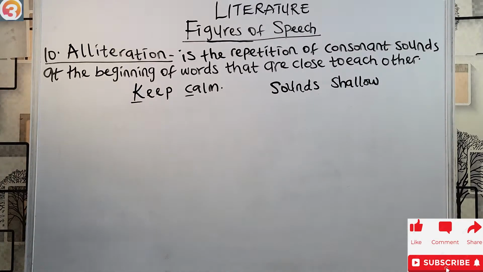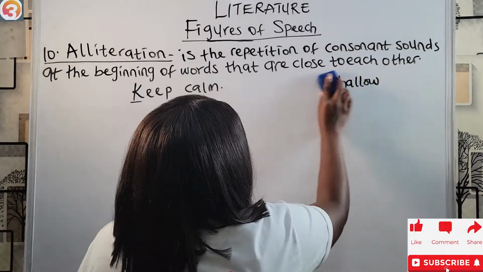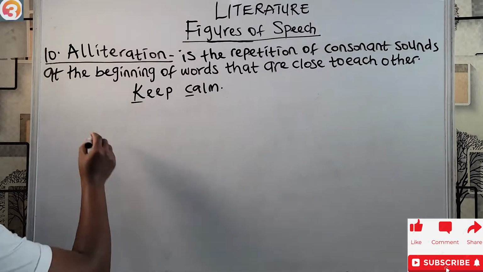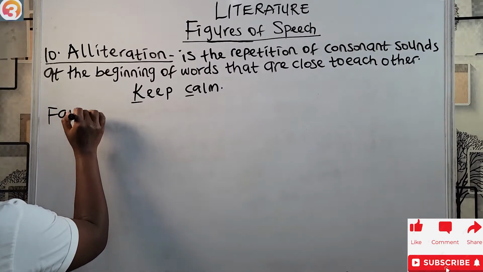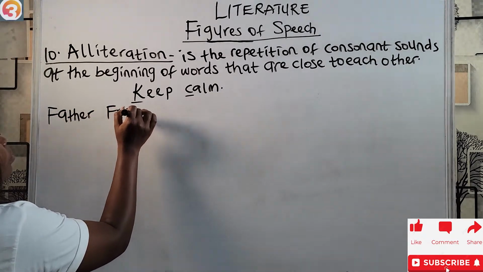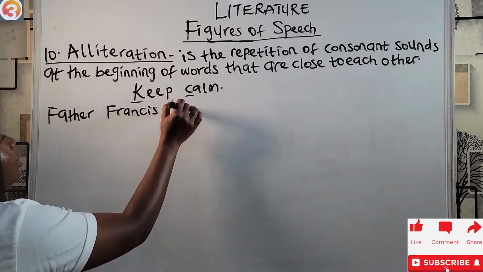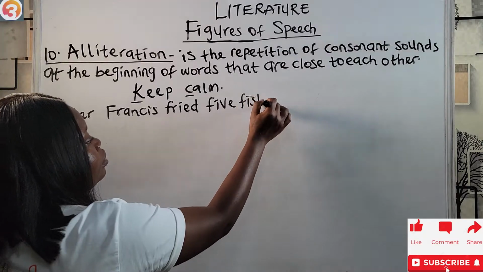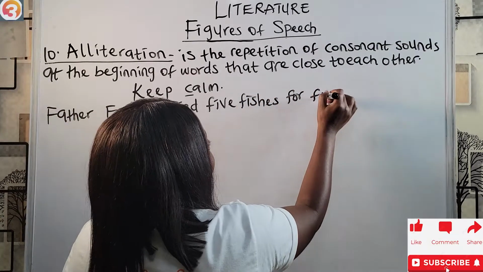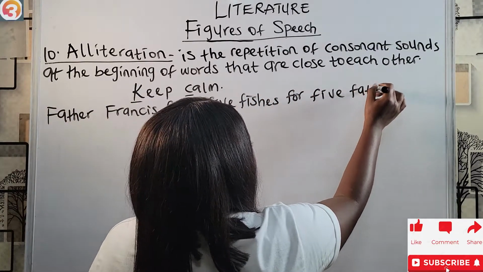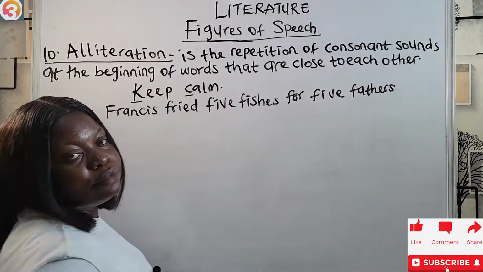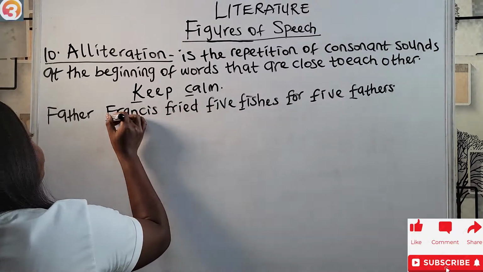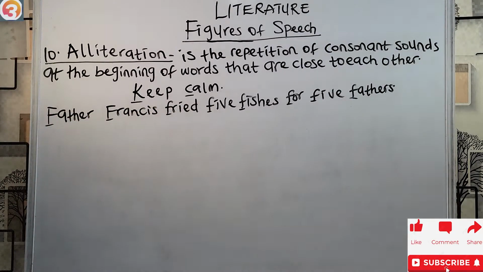Common tongue twisters that we know fall under alliteration. Another example would be "Father Francis fried five fishes for five fathers." So you can see the sound being repeated at the beginning of these words.